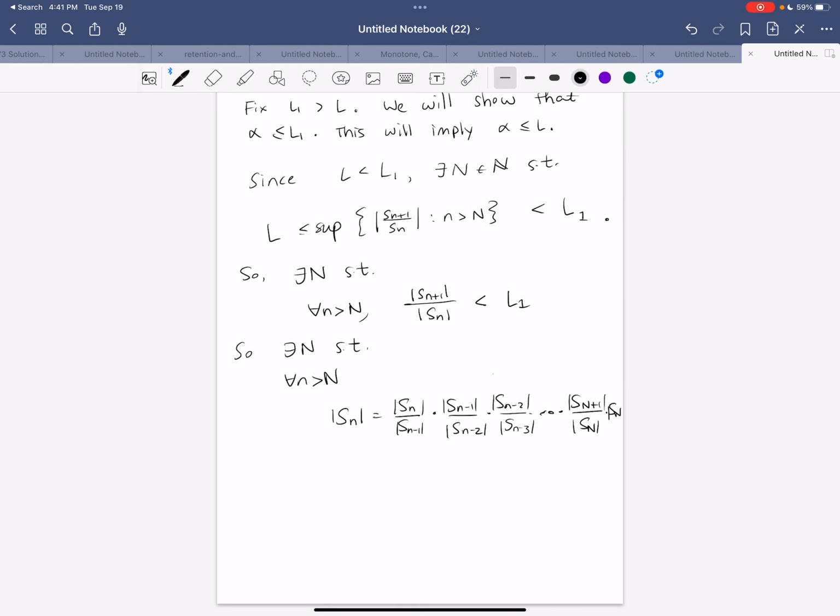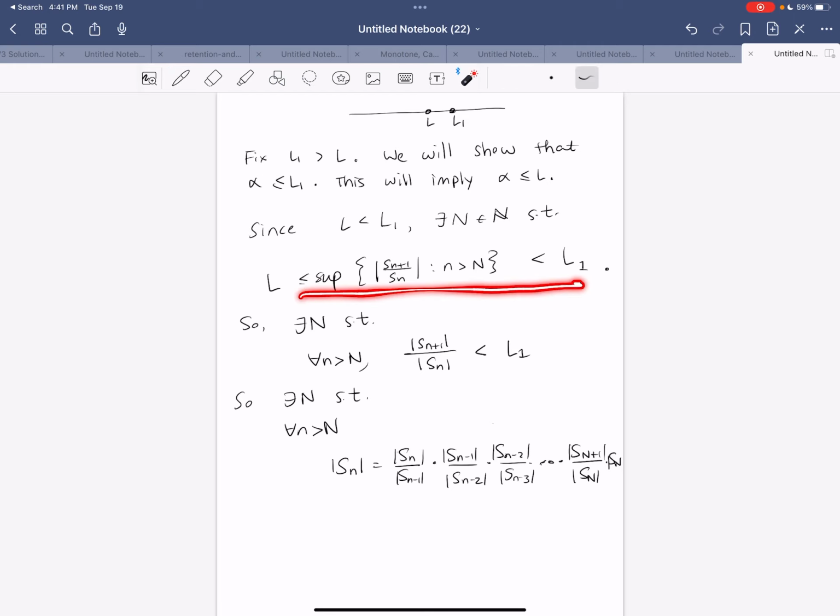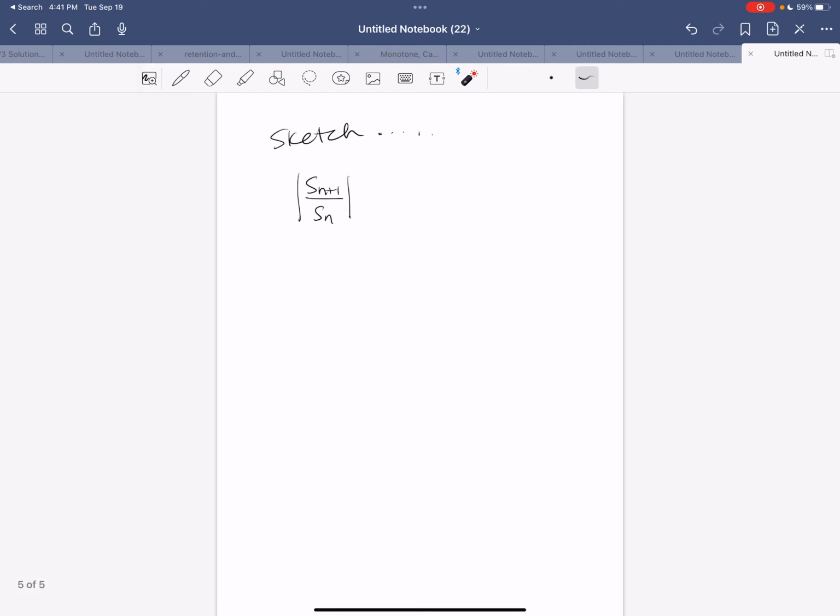So here's a sketch of the idea. The idea is that the ratio of the absolute value of S_{n+1} over S_n is bigger than L1, and that's true for all n bigger than N. Here's N, N plus 1, N plus 2, dot, dot, dot.